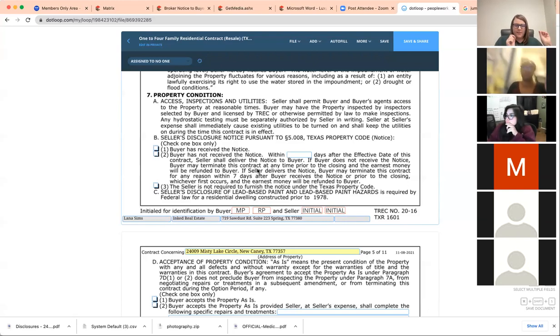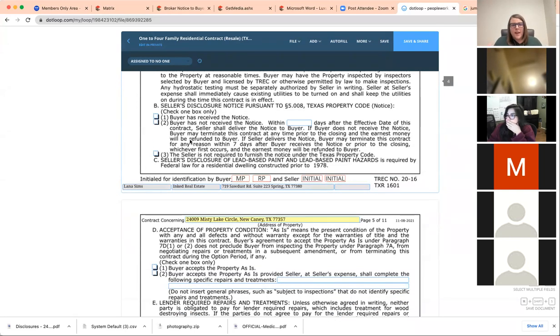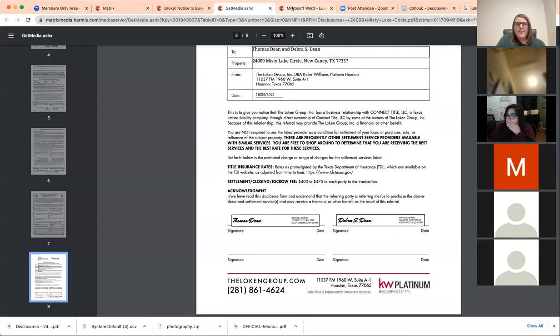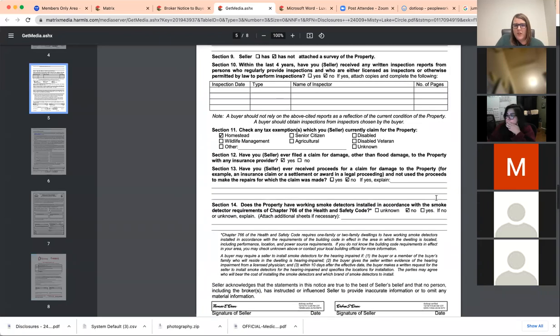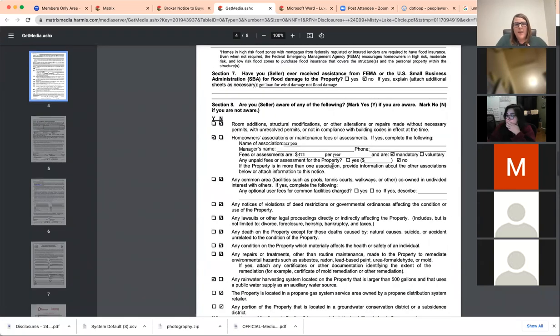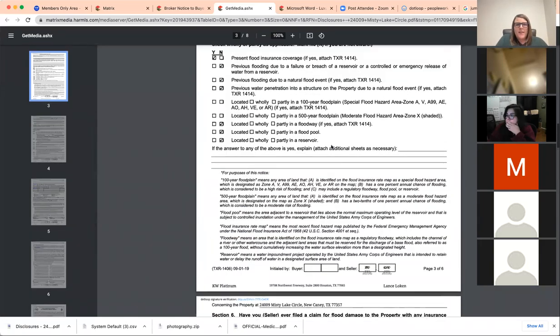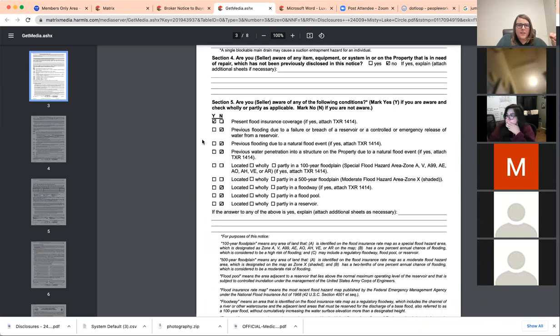So this is the seller's disclosure. In this house itself, we did receive the seller's disclosure, so you would check off 1. If you did not receive it or it wasn't fully received, like if they did not fully sign it or did not completely fill it out, so if there's any missing check marks, I would put it wasn't received and tell the agent, look, this one is not checked off.